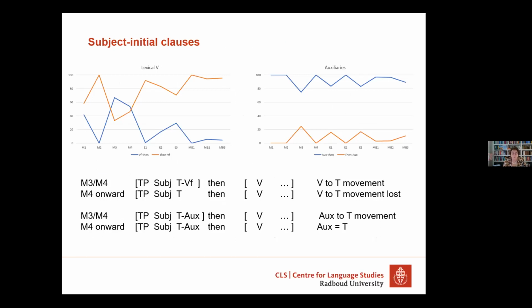What you see here is the loss of V-to-T movement and the rise of auxiliation, the auxiliation of modal verbs, and the rise of do support. So in subject initial clauses with a lexical verb, the graph on the left, again, M2 is a sampling effect.